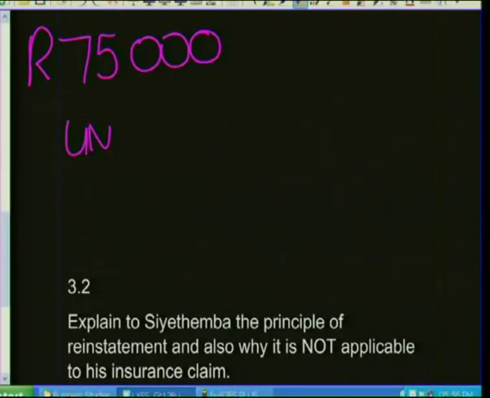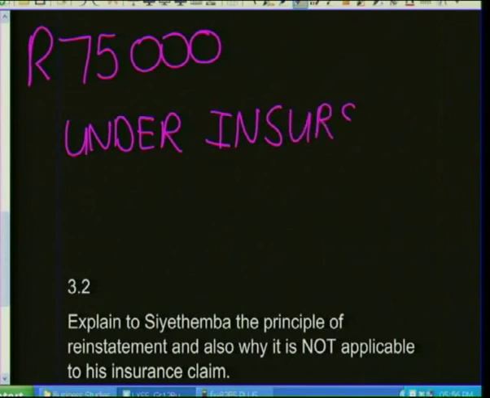Now let's see, we also need to motivate why this is happening. I want to see that you guys are writing there, because this person is underinsured. They cannot pay out the full amount. Underinsured. Because we cannot make a profit out of insurance.